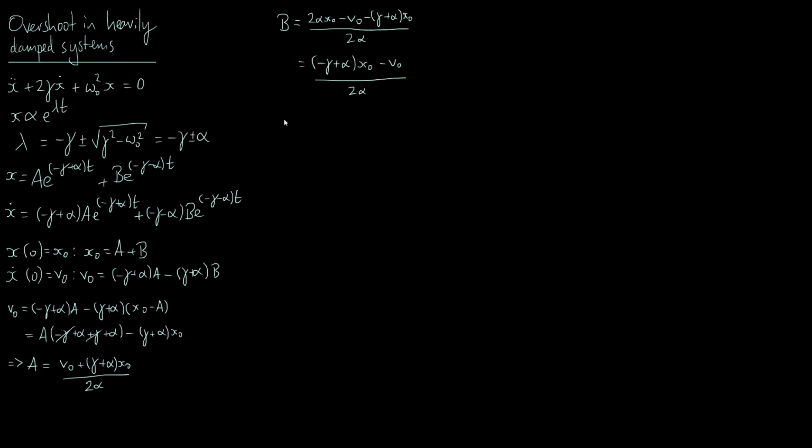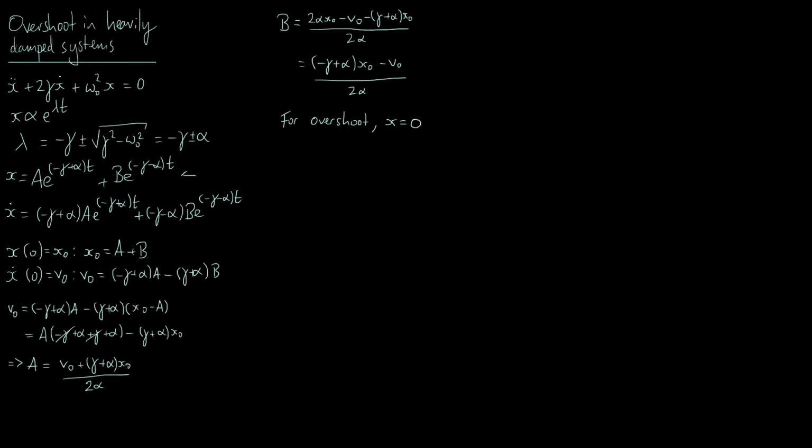So remember from the previous video that for overshoot to occur, we need to have x equals 0 at some time, because overshoot means when it crosses the equilibrium position, right? So if we take our expression for x and set that equal to 0, what happens?